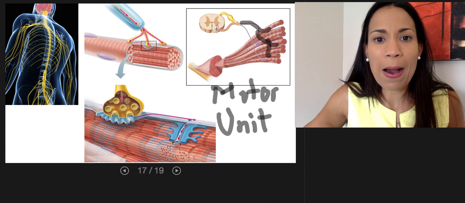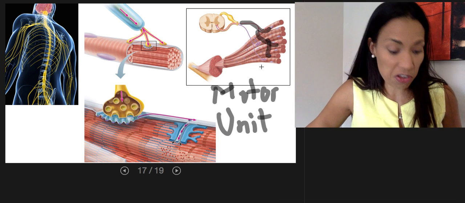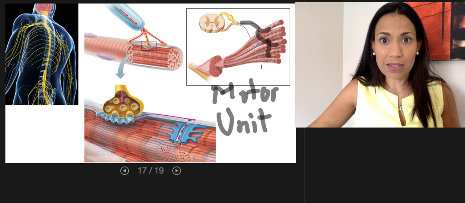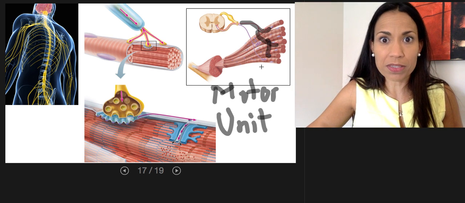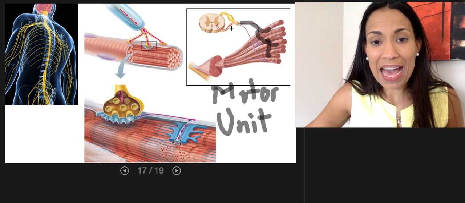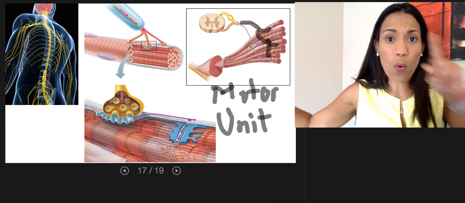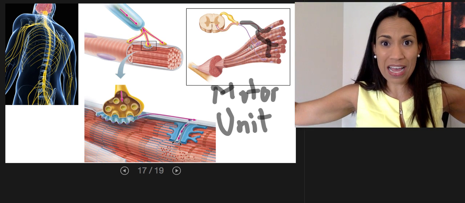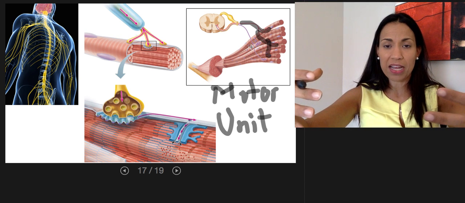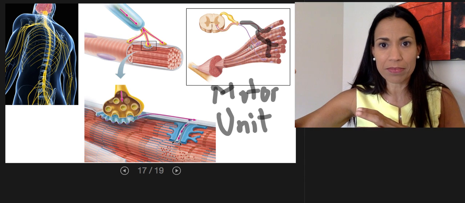Examples: the motor unit of muscles of your thigh, which create movements that are not precise at all, can control hundreds of muscle fibers. One axon activates 100 or more muscle fibers at the same time, okay? And all of those muscle fibers contract at the same time.